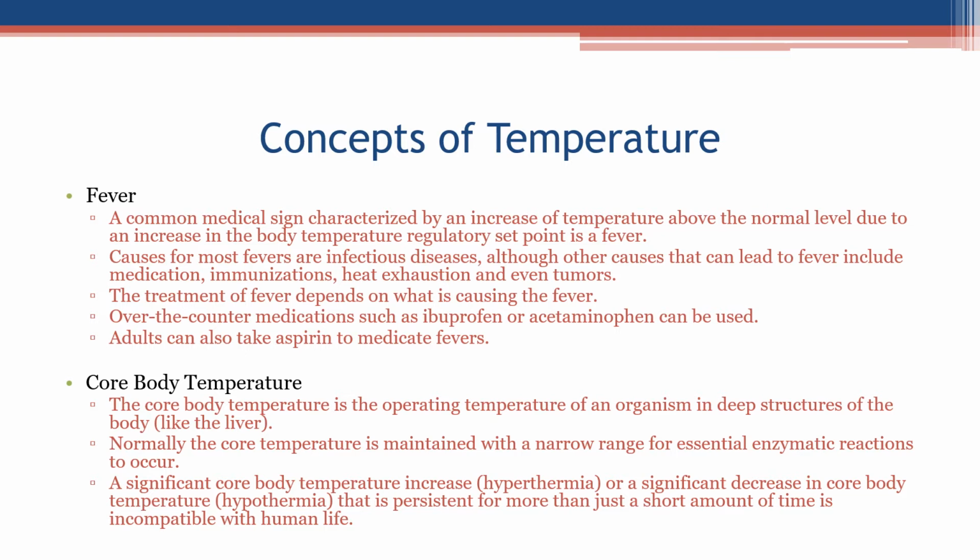Core body temperature. The core body temperature is the operating temperature of an organism in deep structures of the body, like the liver. Normally the core temperature is maintained within a narrow range for essential enzymatic reactions to occur. A significant core body temperature increase, hyperthermia, or a significant decrease in core body temperature, hypothermia, that is persistent for more than just a short amount of time is incompatible with human life.